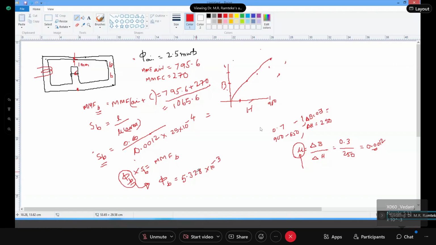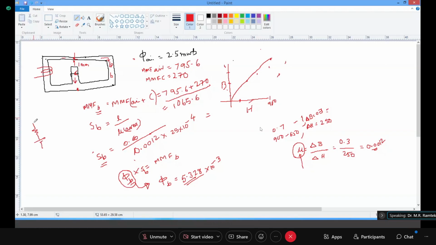So this much milliweber you will be getting in B. So you know the value of flux in this path. And applying Kirchhoff's law, what will happen? I can put the circuit like this. This is my MMF.